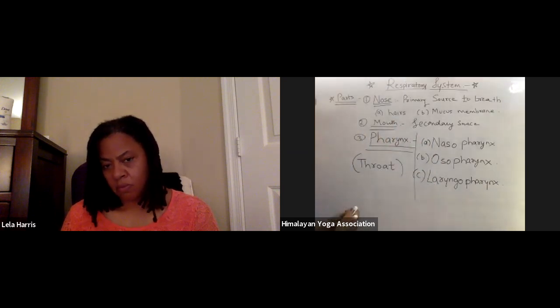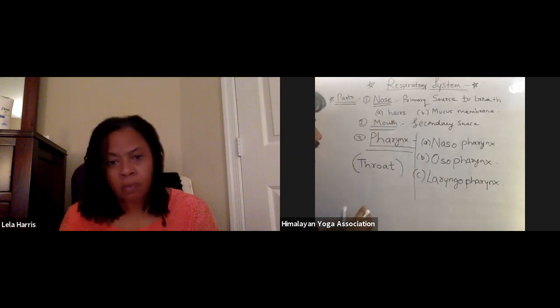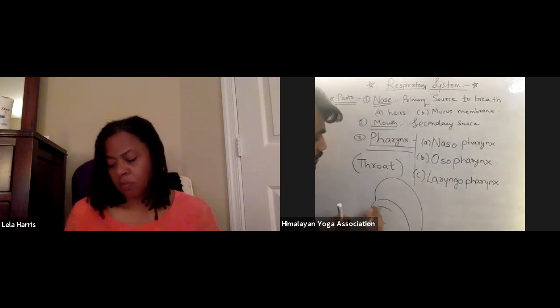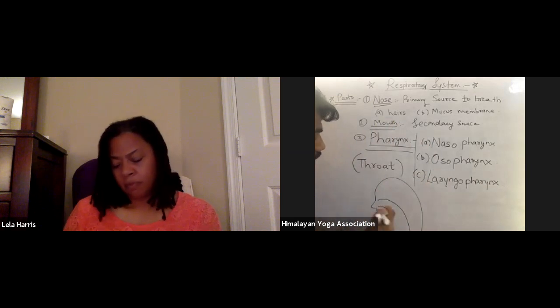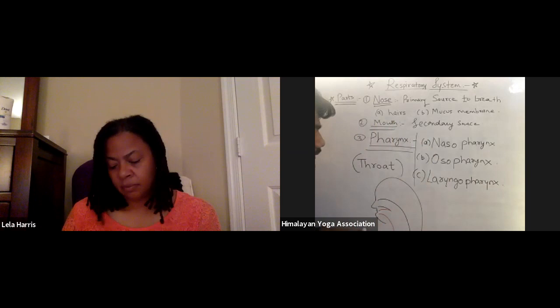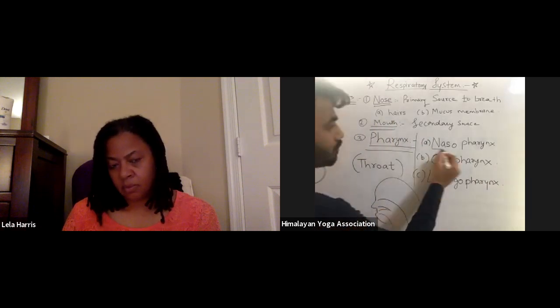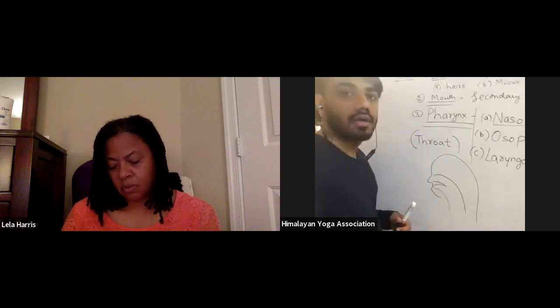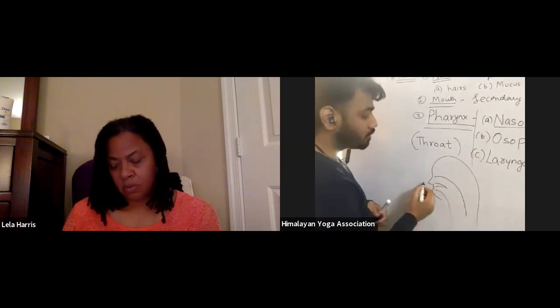If you see the diagrammatic representation properly, if you have drawn the diagram, you will see the three regions of the pharynx in the previous diagram. Please do not draw this diagram again. The nasopharynx is the region at the end of the nasal cavity.